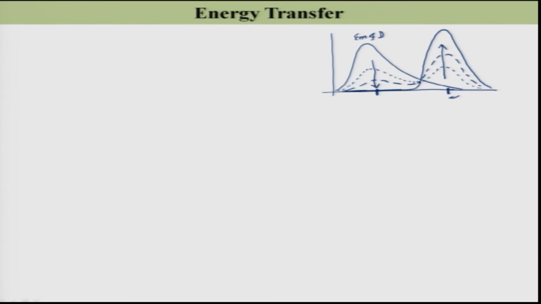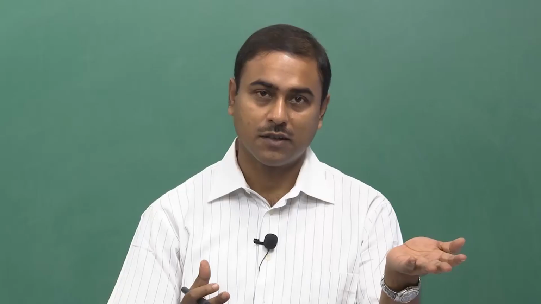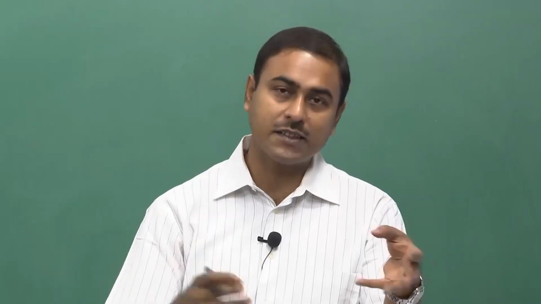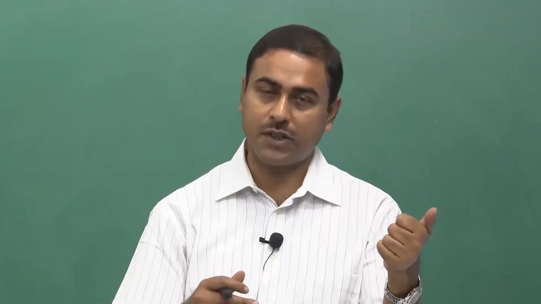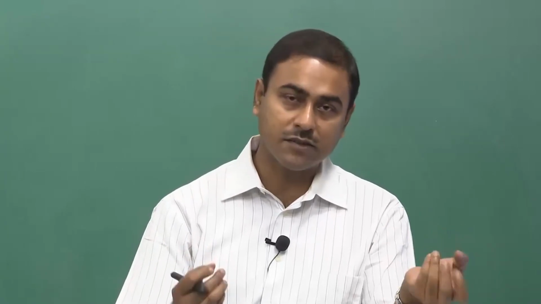So if I take this efficiency on a scale between 0 and 1, I can express it in terms of the fluorescence intensity in the presence and in the absence of acceptor.